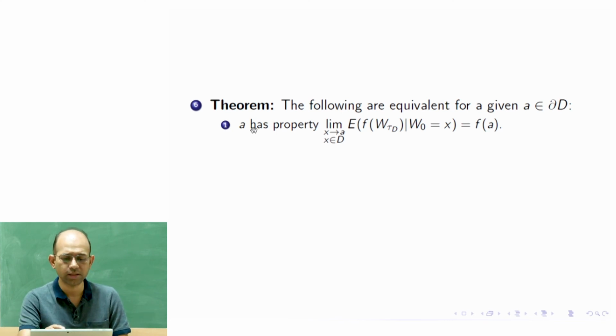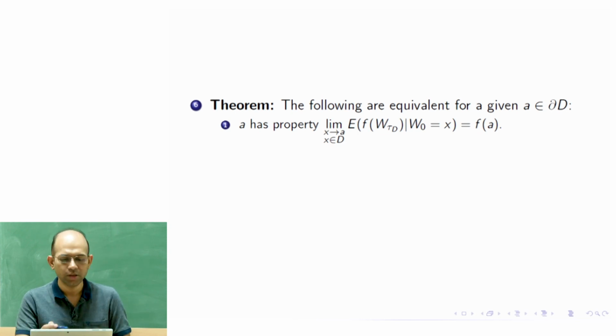The first condition says that the limit as x tends to A, x being in D, of the expectation of f of W at tau_D, given W0 equal to x, is equal to f of A. Why are these things so important? Because our whole discussion is circling around this.